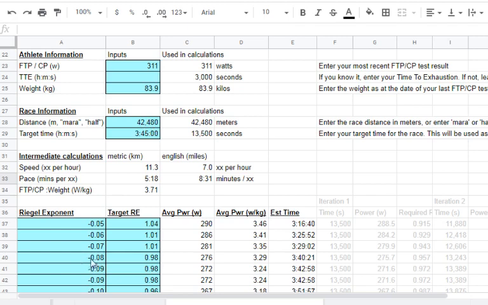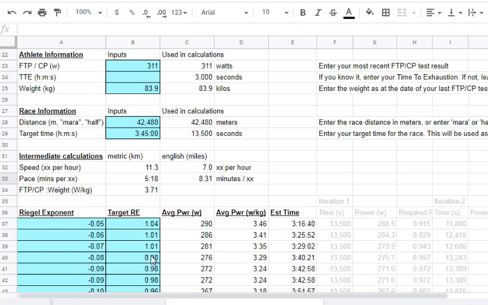If you don't know that, you can use the From One Runner to Another What's My Rigel calculator. There are other ways of doing it. You could also bracket a number: minus 0.08, minus 0.09, minus 0.10. You could bracket it and work that way.